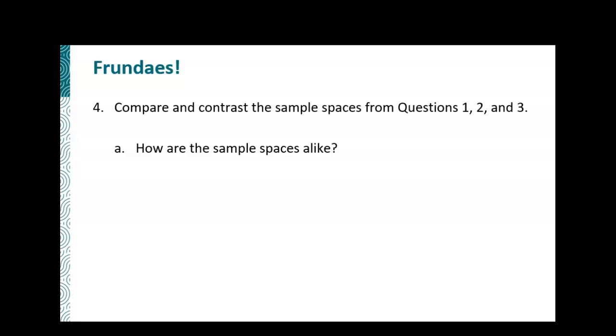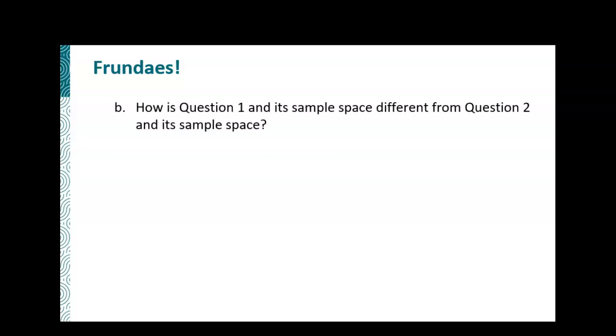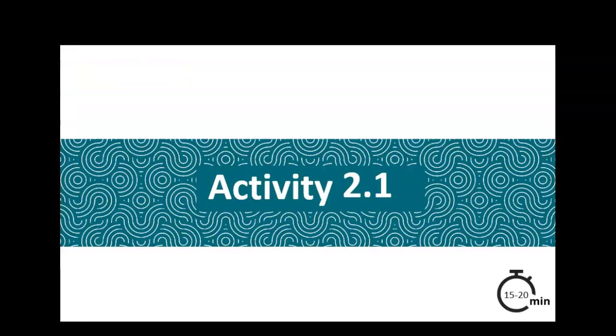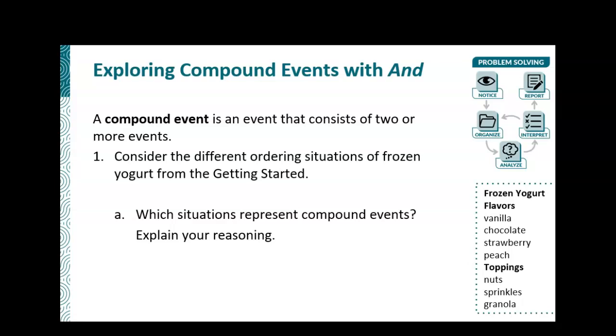Alright, let's go to the next page, 2.1. Since you've already seen the 2 different scenarios, the first one was just picking a yogurt flavor and a topping. The second one was only 3 scoops, right?